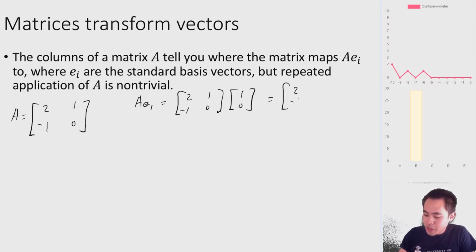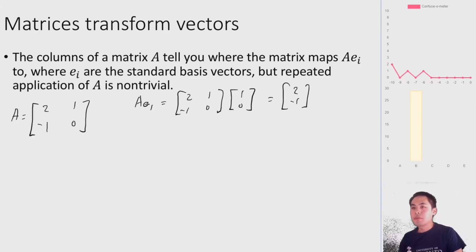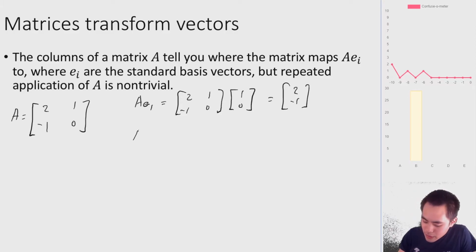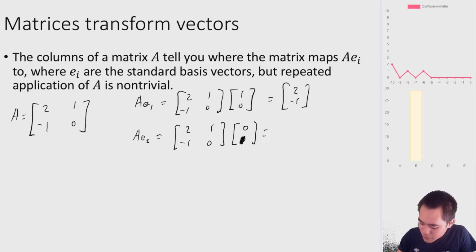You end up getting [2, -1]. And if you do the same thing with E2, [0, 1], you end up getting the second column, which is [1, 0].